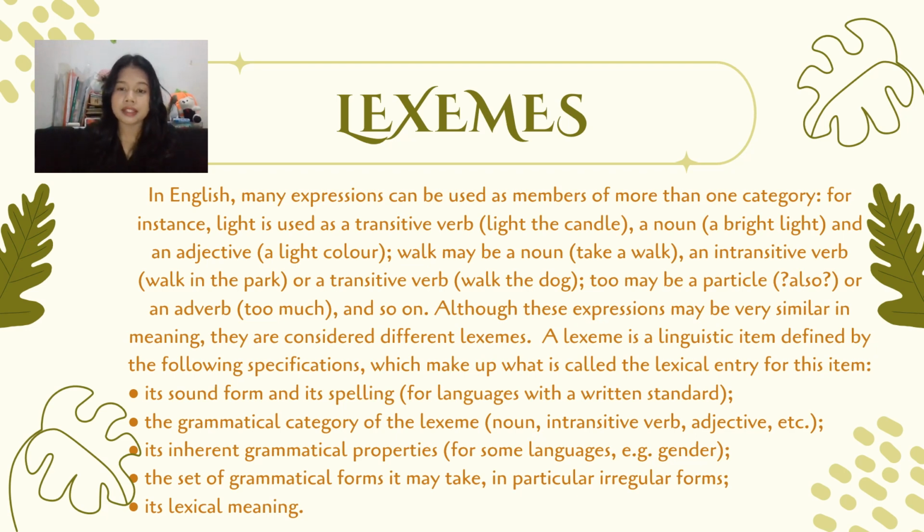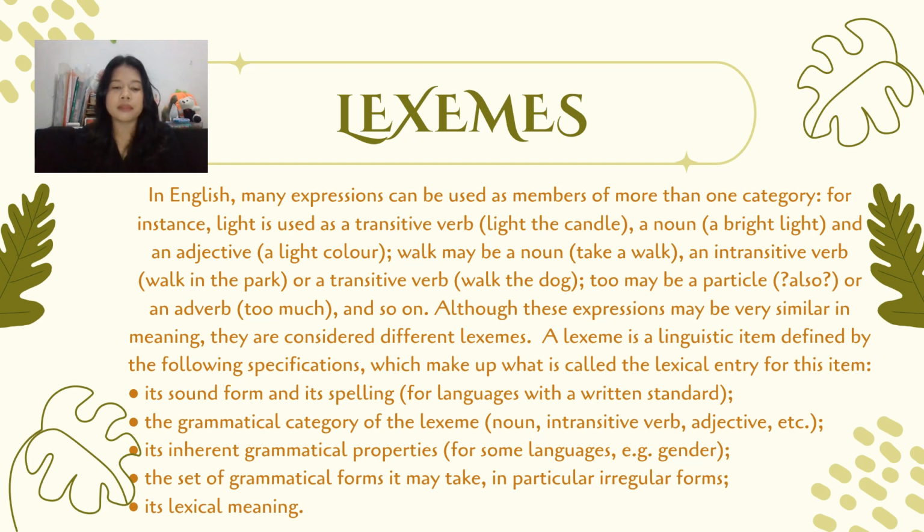A lexeme is a linguistic item defined by the following specifications, which make up what is called the lexical entry for this item. First, its sound form and spelling for languages with a written standard. Second, the grammatical category of the lexeme: noun, intransitive verb, adjective, transitive verb, and so on.